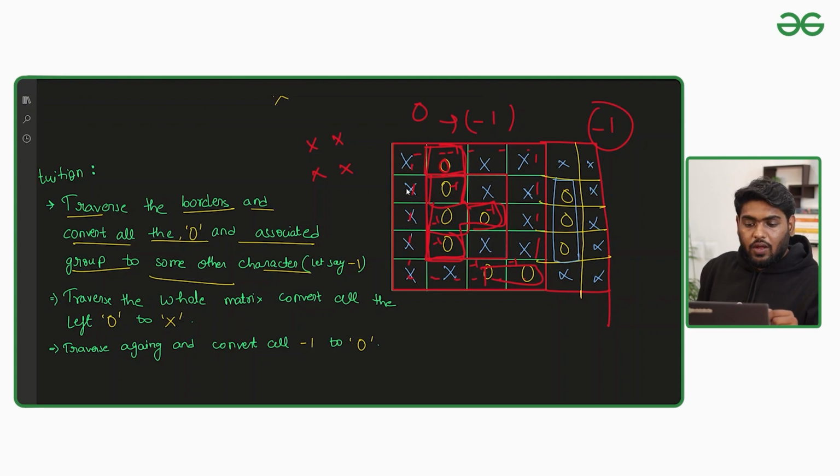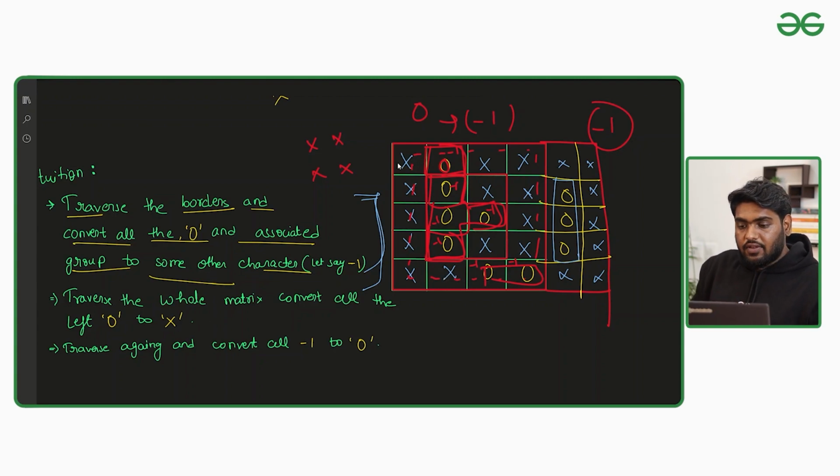Now, what do we do? Once we are done with it, we have traversed the borders, and for every O that is exposed to the edge, we have converted the whole group of O's associated with it to -1. That step is done. Now my matrix will have x's, -1, and O's. My duty is to convert all the remaining O's to x, because those are the O's which are actually covered with x's.